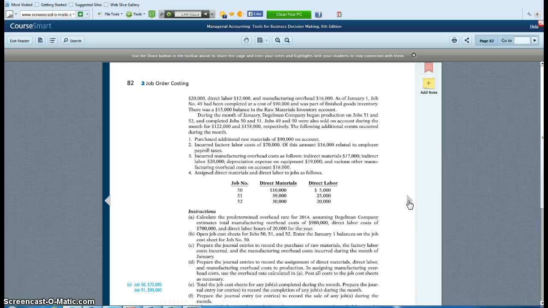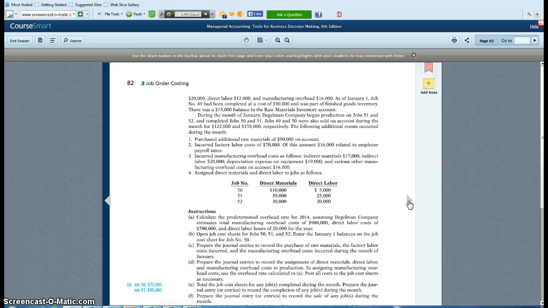And then it goes on to tell us that during the month of January, Degelman Company began production on jobs 51 and 52 and completed jobs 50 and 51. Jobs 49 and 50 were also sold on account during the month of January for $122,000 and $158,000 respectively. The following additional events occurred during the month.